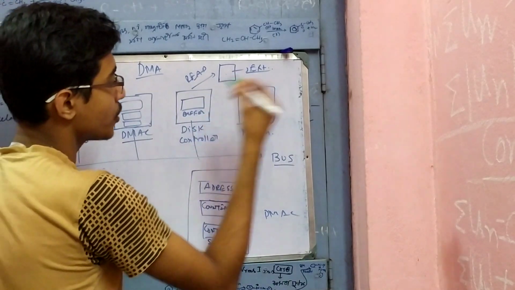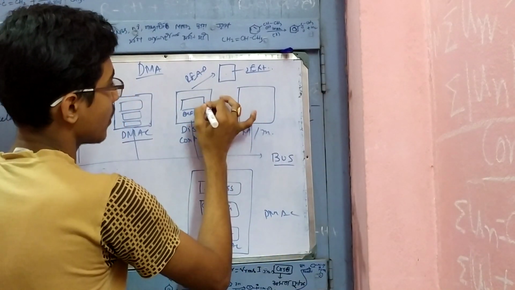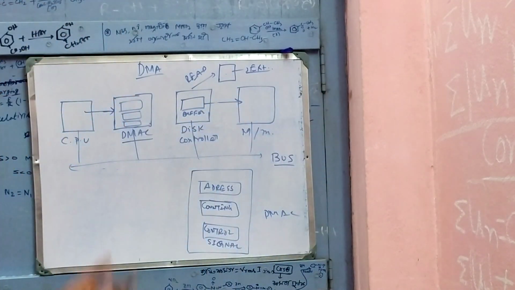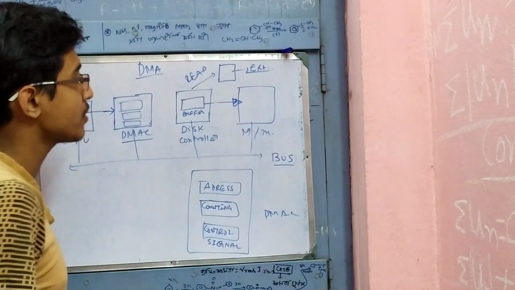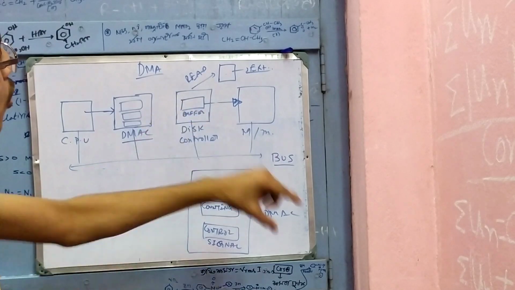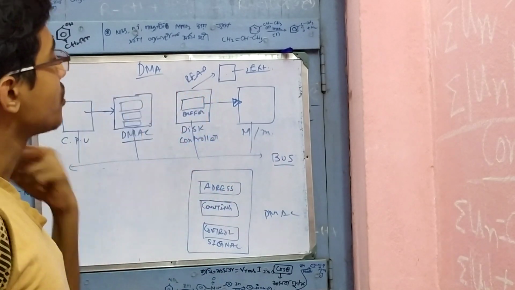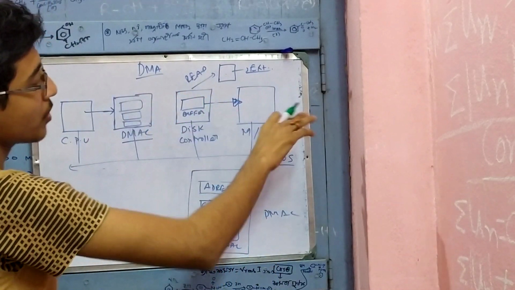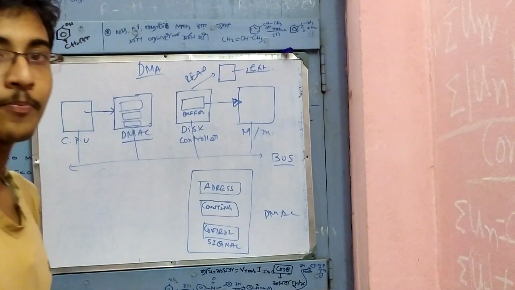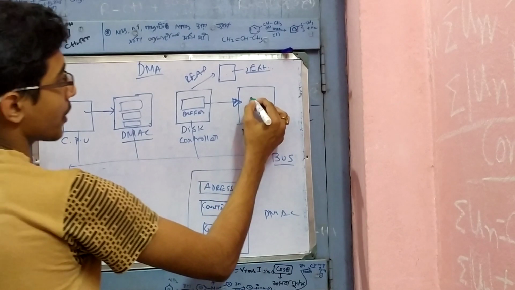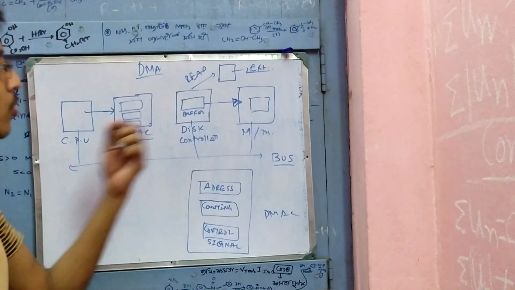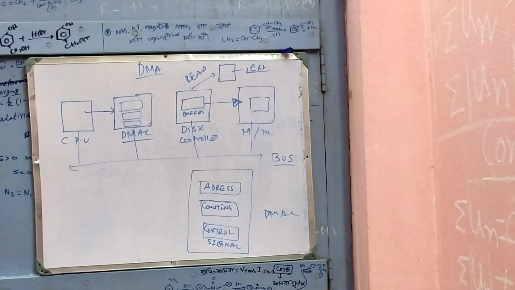So the DMAC gives instructions, and the disk controller will throw the data stored in the buffer into the main memory. Fine. Our main achievement is completed.